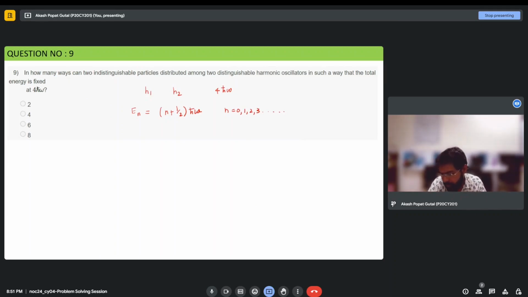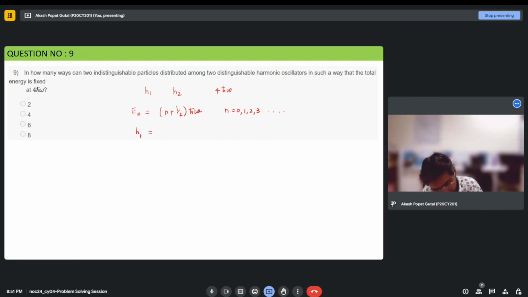For the simple harmonic oscillator there is no degeneracy in this case, but because we are using H1 and H2, two harmonic oscillators, the degeneracy may appear.